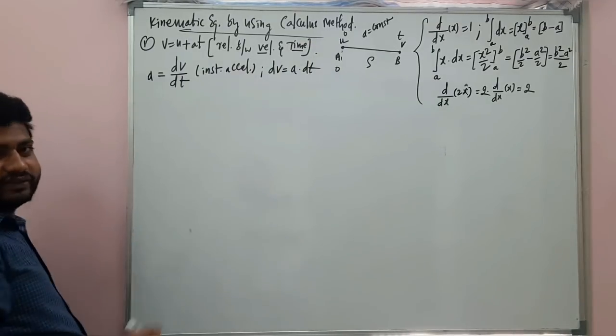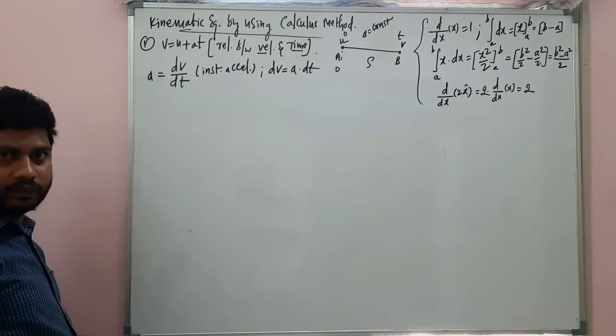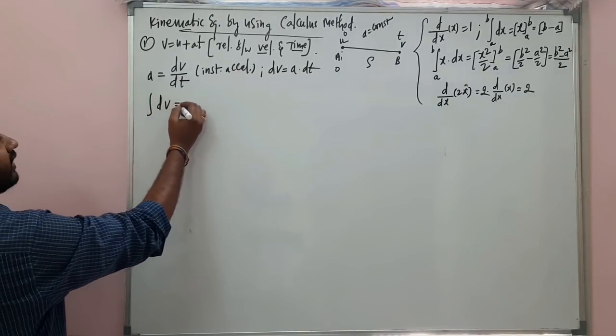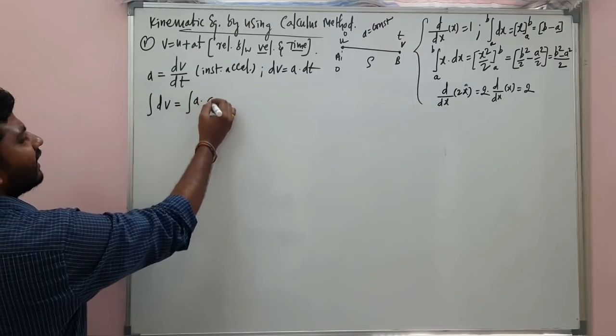Let us integrate both sides, because we don't want it in this form. Integral dv is equal to integral a dt.